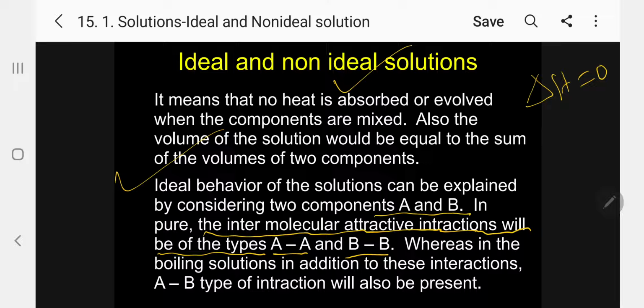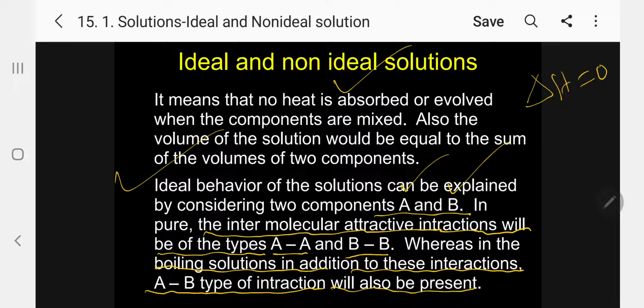Suppose A is one solvent and B is another solvent. So solvent A-solvent A interaction will be there, and solvent B-solvent B interaction will be there. Kindly follow. Whereas in the mixed solution, in addition to these interactions, there will also be an AB type of interaction.